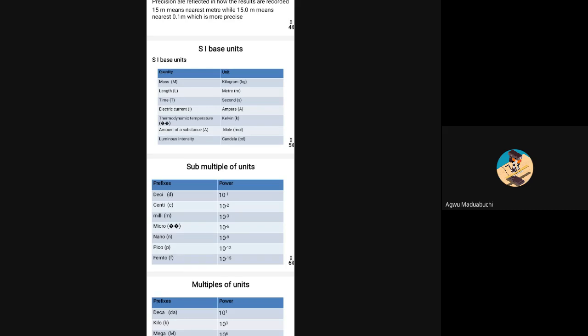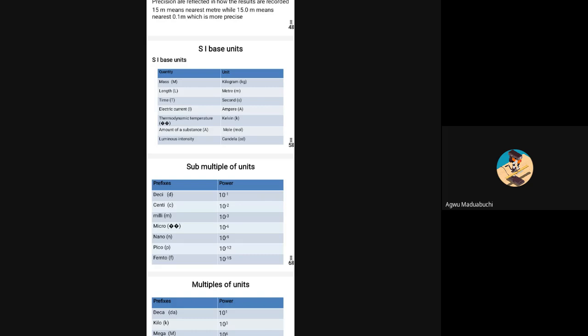Good. So if you measure mass, we use a top pan balance. Most times a top pan balance is rated in grams. So except in the question they ask you to record it in grams, you have to convert to kilograms.